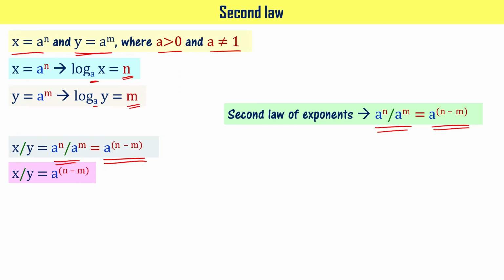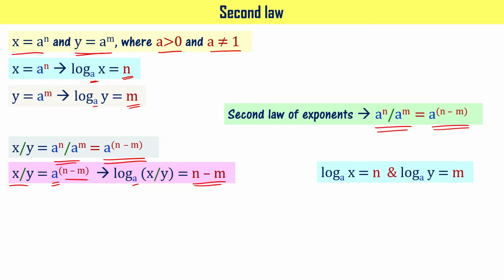Now we can apply logarithm to this, right? This can be written in the logarithmic form as log of x by y to the base a equal to n minus m. We know n and m are already written in the logarithmic form as log of x to the base a equal to n, and log of y to the base a equal to m.